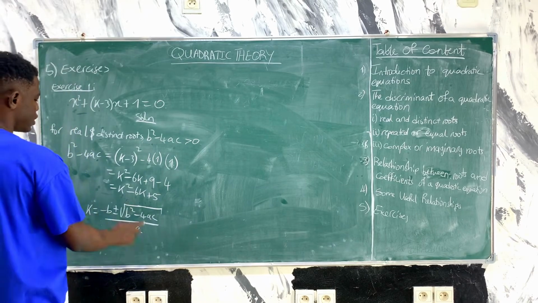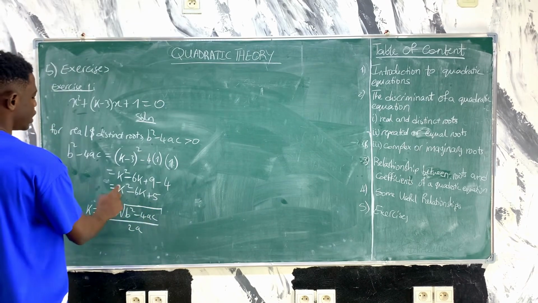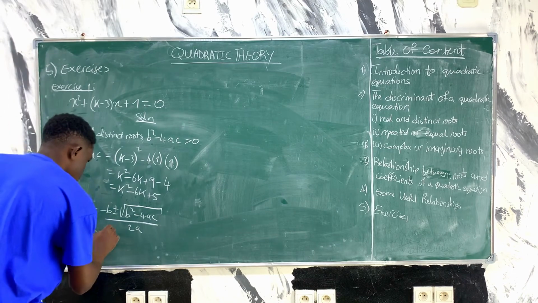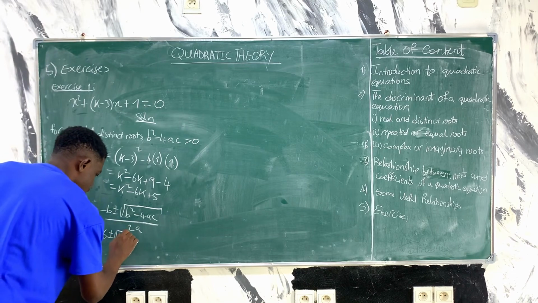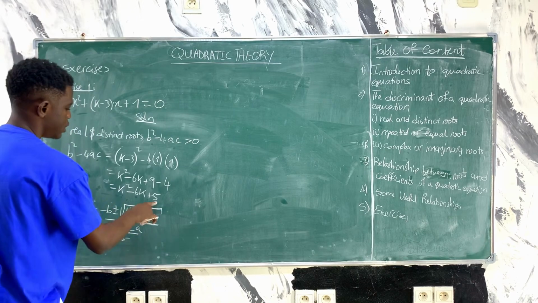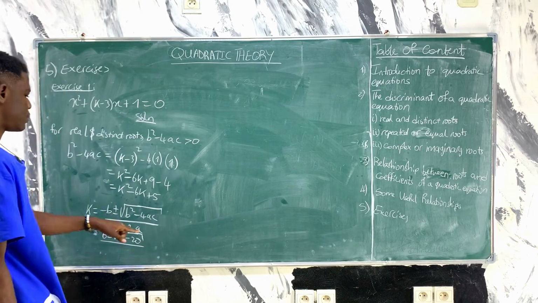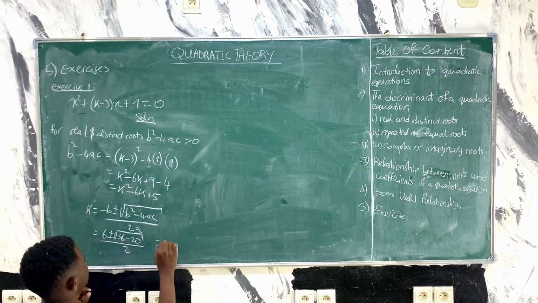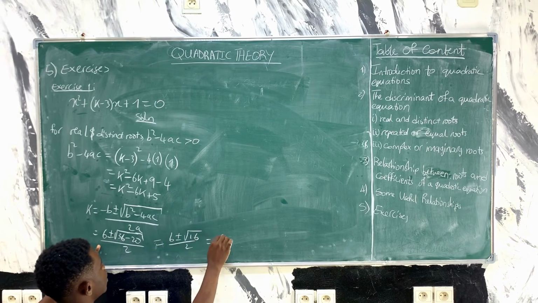So our b here is minus 6, our c here is 5, and our a is 1. So minus of minus 6 is 6, plus or minus the square root of b squared, 36, minus 4 times a, 4 times 1, times c, 20. 2 times a is 2. So that will be equal to 6 plus or minus the square root of 16, over 2.